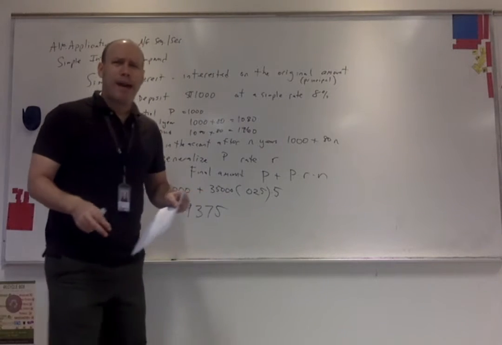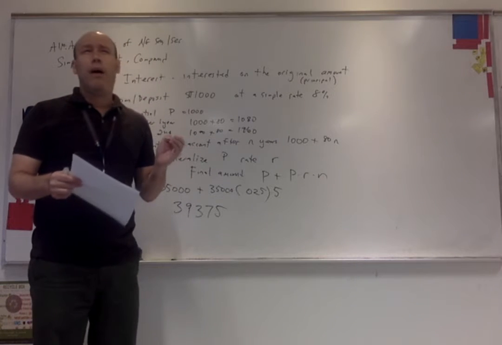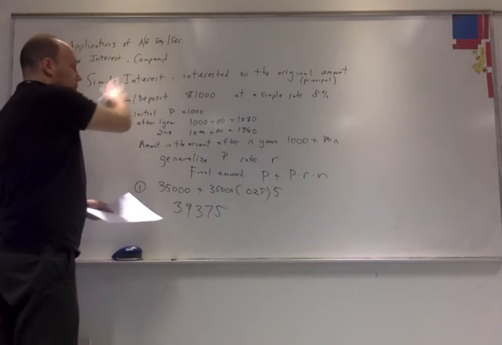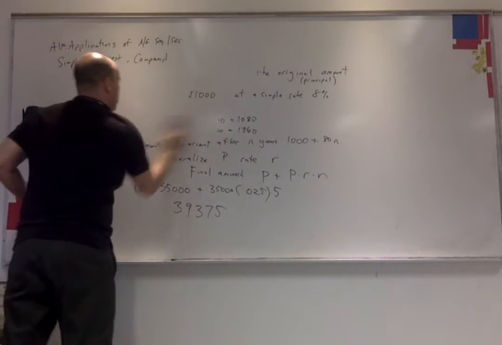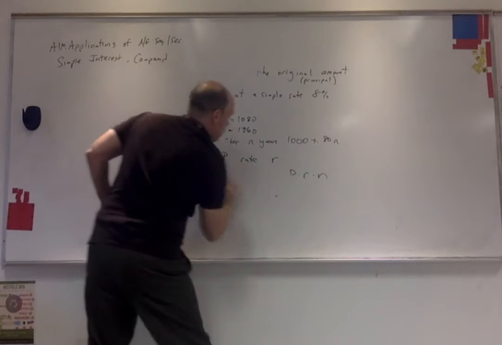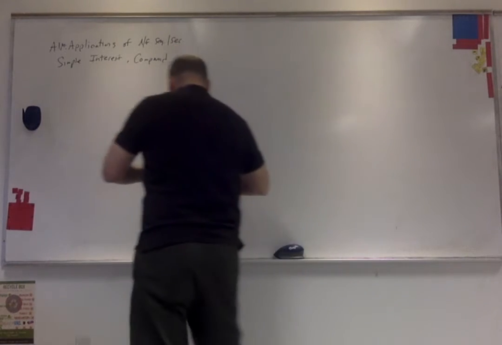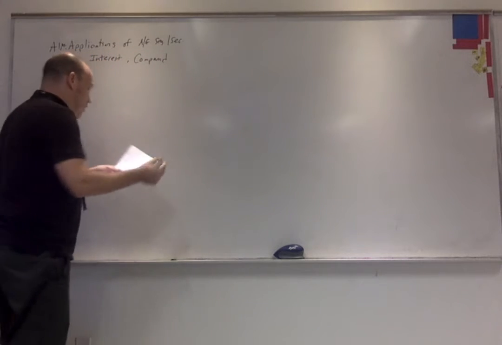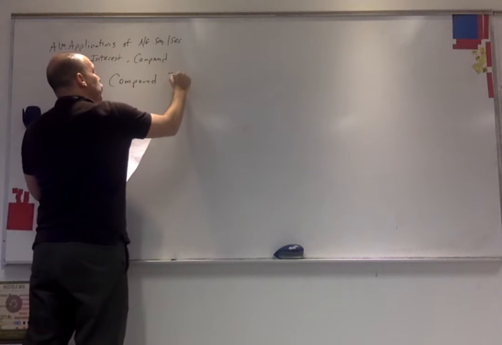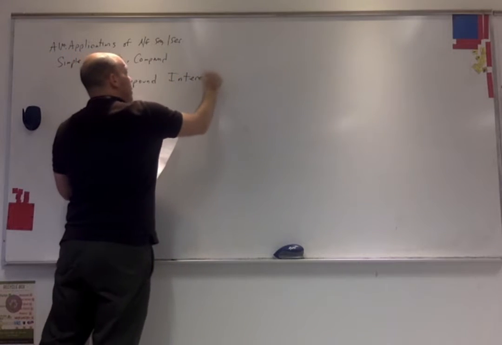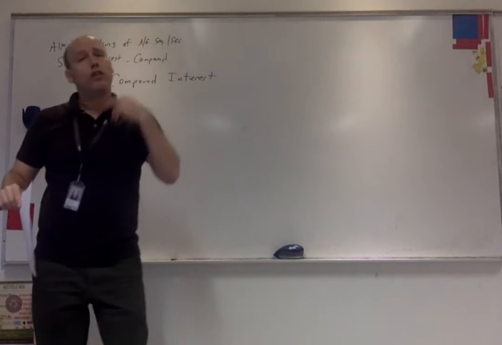Let's continue. Now let's talk about something I believe we spoke about earlier in the year when I had you connect together with the higher level kids. The next idea is compound interest. And once again, in both cases, either you've put money in the bank or you've taken a loan.